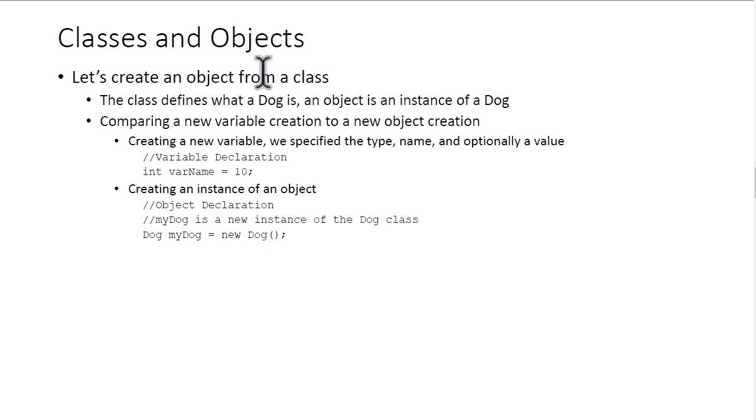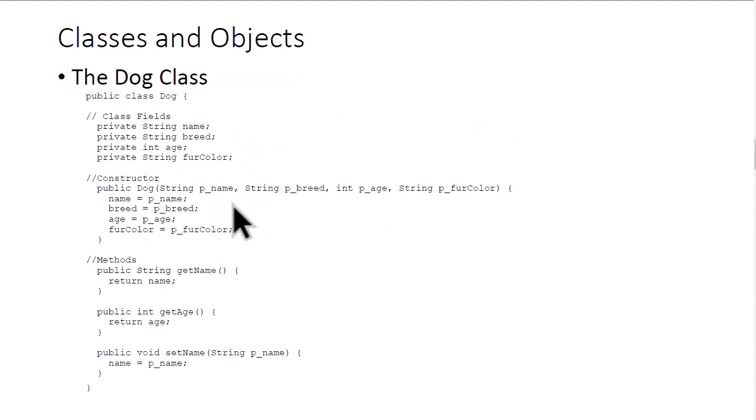Now you'll notice that in our example, our constructor had 4 parameters: name, breed, age, and fur color. So like any other method, we need to provide these particular values when we call the constructor or any other method so the compiler works properly. We need to match them up. So we need to pass in a name, a breed, an age, and a fur color.